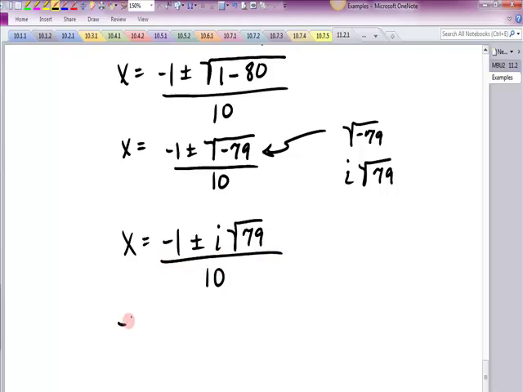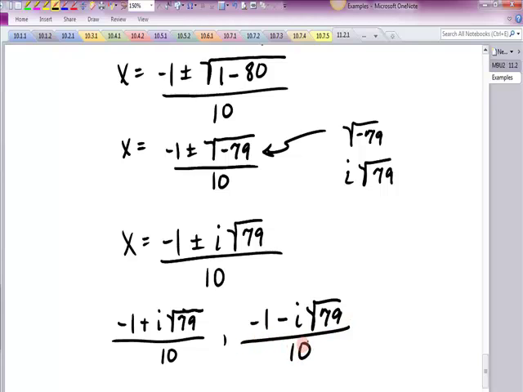Two answers, negative 1 plus i square root of 79 over 10, and negative 1 minus i square root of 79 over 10. So, sorry that one of those examples was a repeat, but I hope this helps you using the quadratic formula.